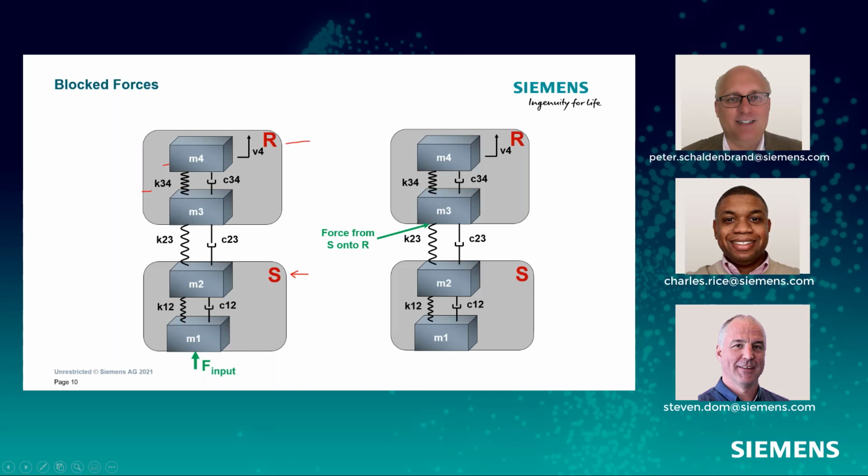We have an R here, which would be our receiver system. And this V4 could be something like my operator ear. In this case, it's a velocity or a displacement. And there are some sort of forces that are created inside a motor, and those forces operate inside the motor, and that in turn creates a force onto the receiver system. Does that kind of make sense to you? To me, it does. Yeah.